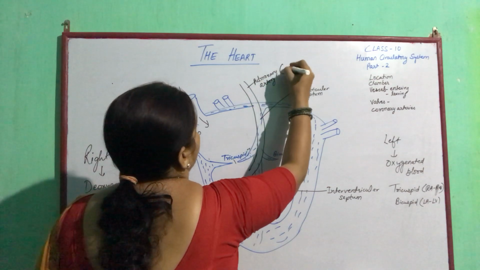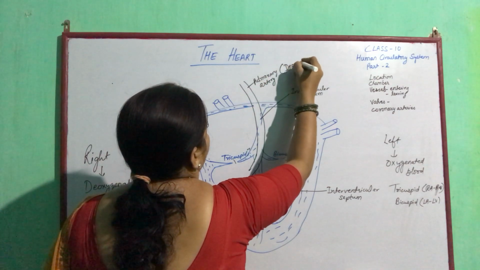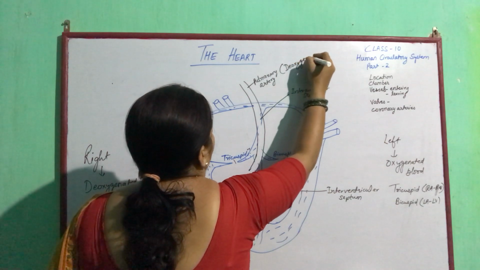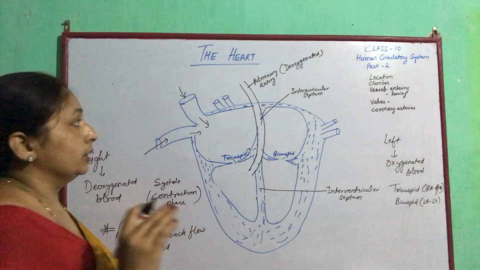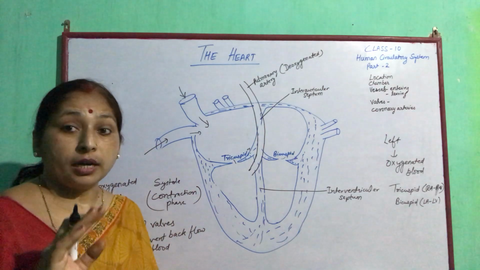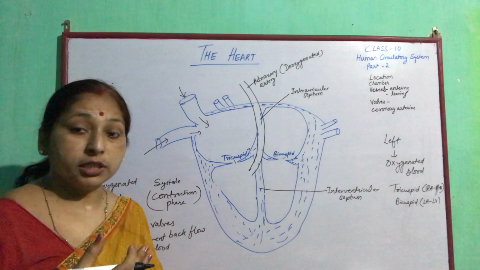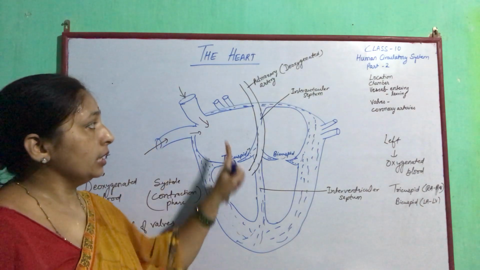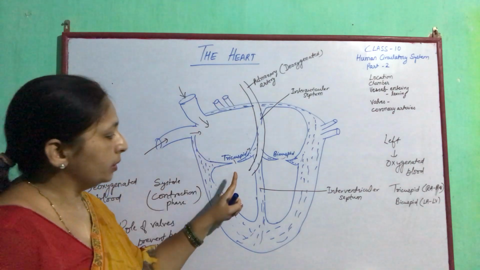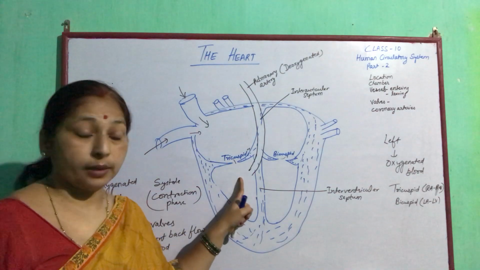It receives deoxygenated blood. The first artery which receives deoxygenated blood, otherwise artery always carries oxygenated, but this is the exceptional case. Pulmonary artery receives deoxygenated blood from the right ventricle.